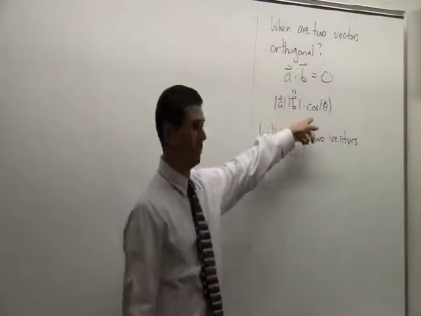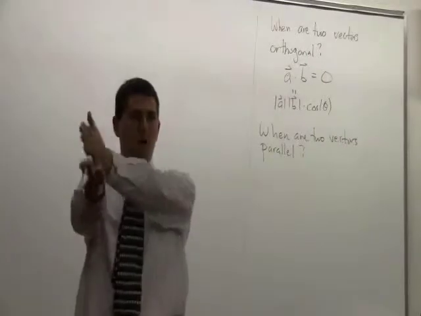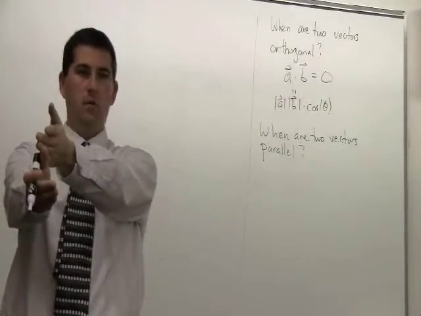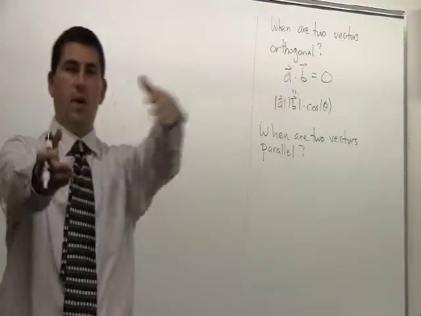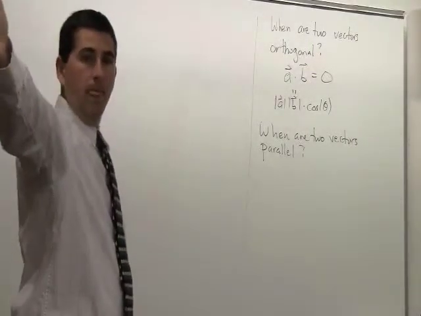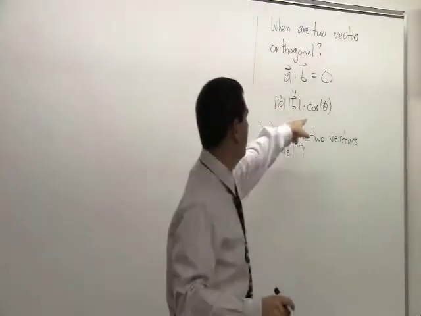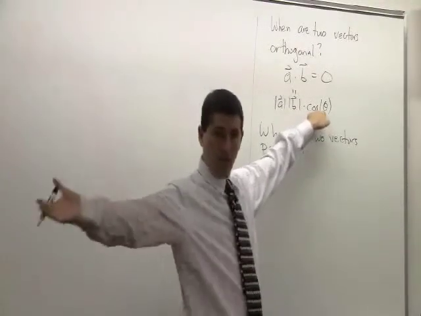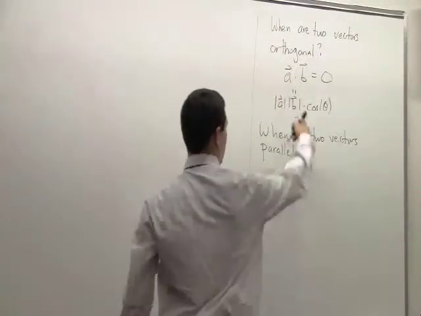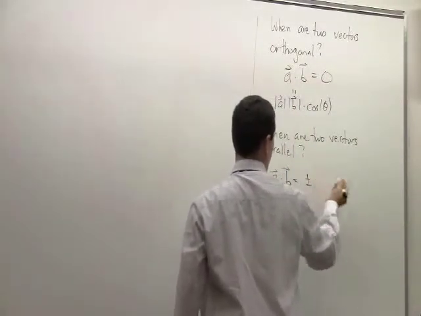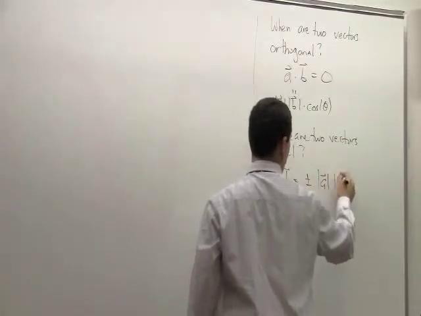We can use the same thinking, right? If they're going in the same direction, then the angle between them is 0. And so the cosine is 1. And if they're going in exact opposite directions, it's minus 1. And that's the only place where cosine is 1 or minus 1 between 0 and pi. So, they're parallel when the dot product is plus or minus the product of their norms.